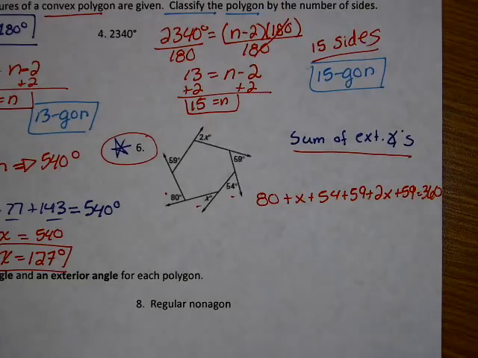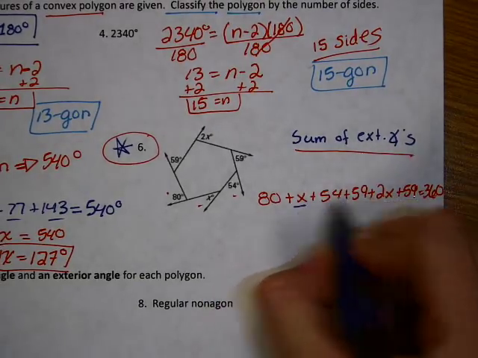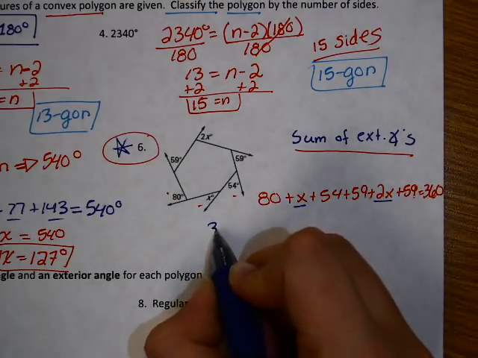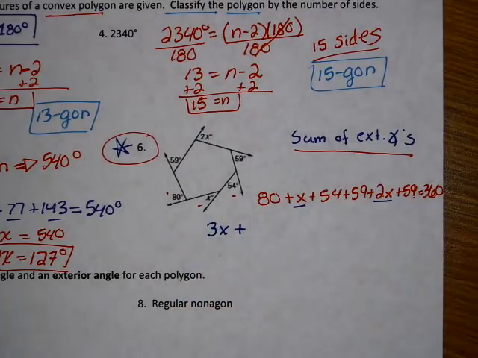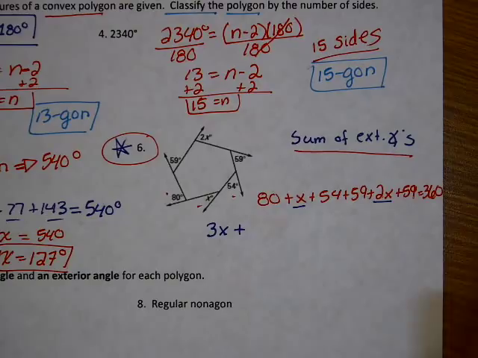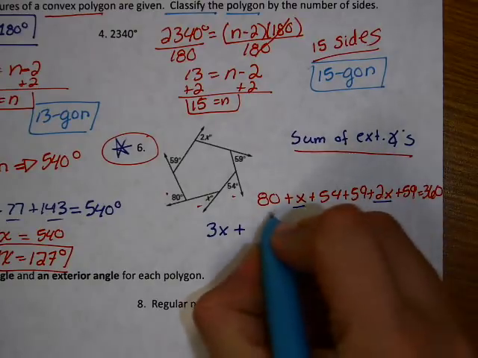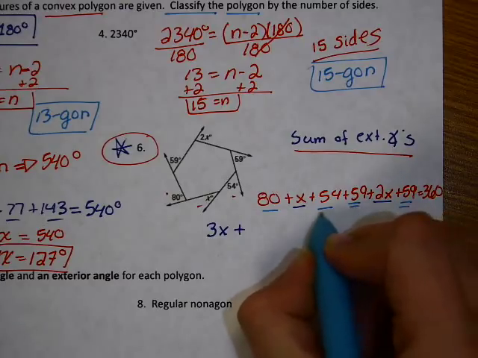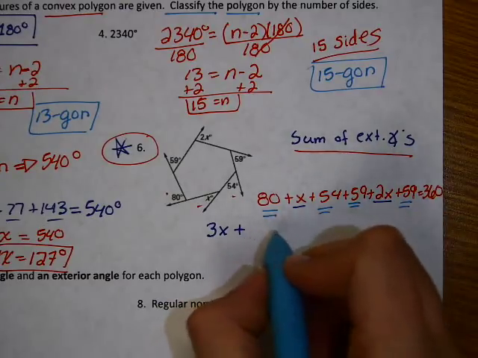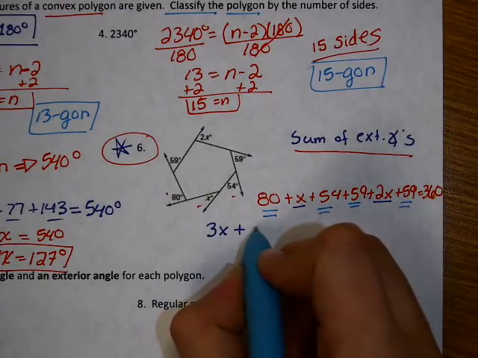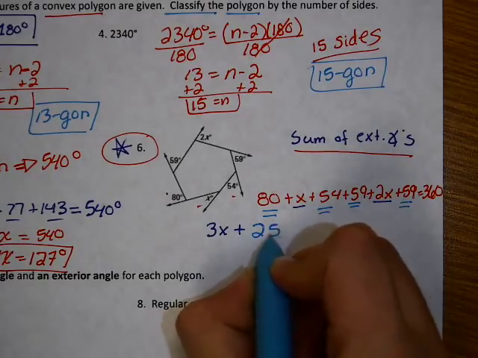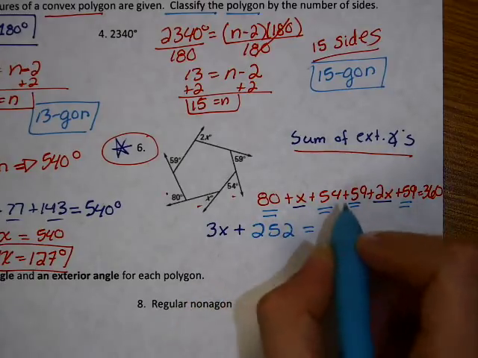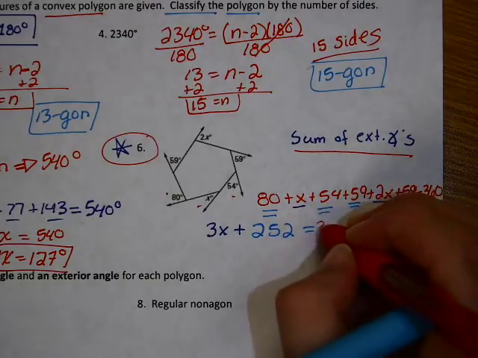Let's combine our like terms. I have x plus 2x gives me 3x. Then 80 plus 54 plus 59 plus 59 is 252, and that equals 360.